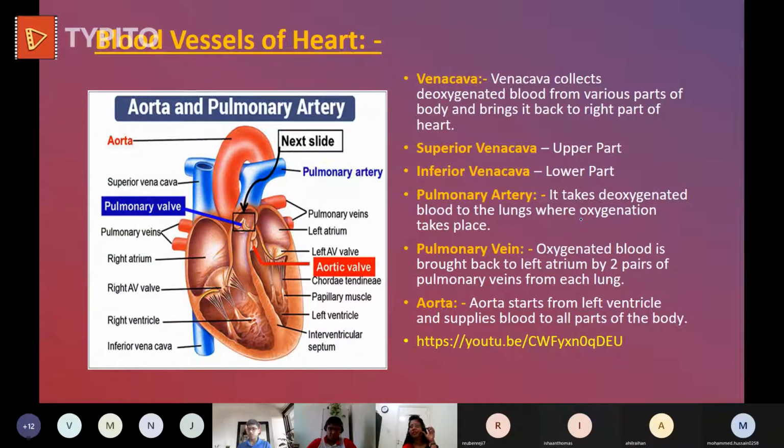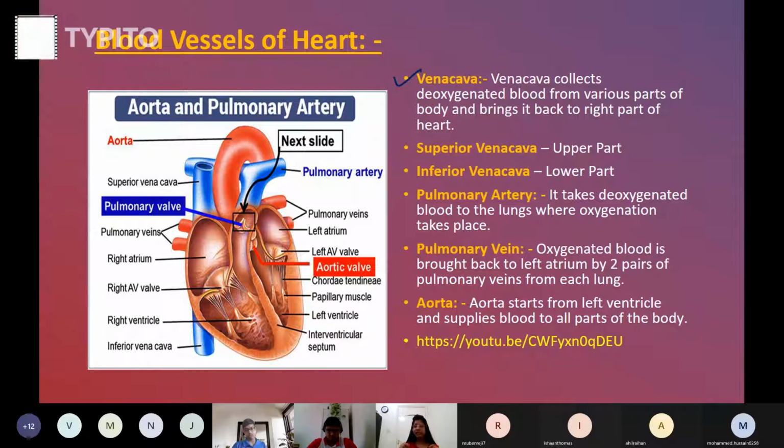The heart is connected with many blood vessels. There are some blood vessels which are giving blood to the heart, and there are some blood vessels which are taking blood out from the heart. The name of one blood vessel is vena cava. Now, what is the vena cava? In our body, cellular respiration is happening in every part of the body, in the hands, legs, stomach, head, chest, everywhere.